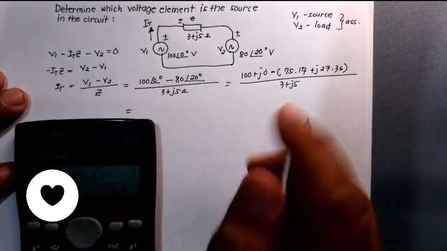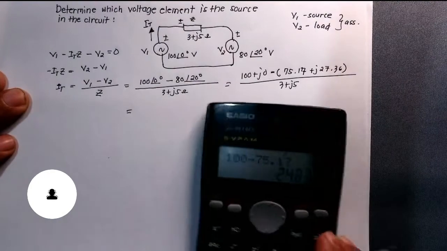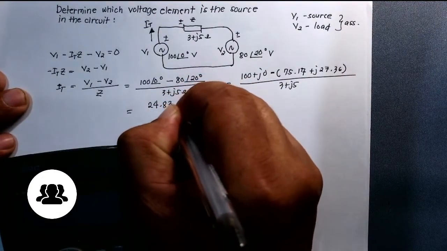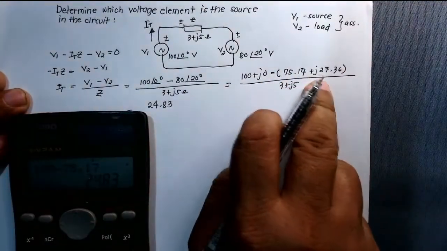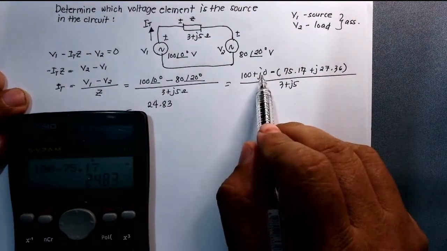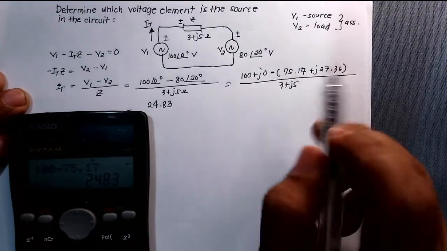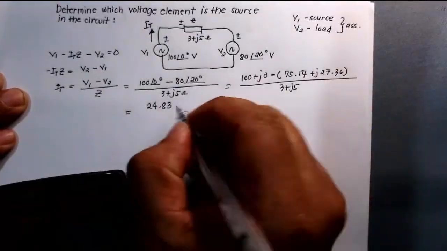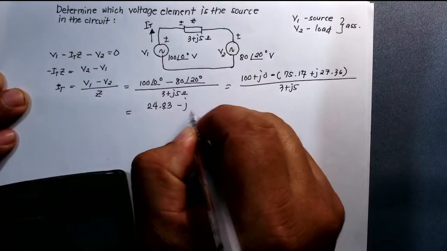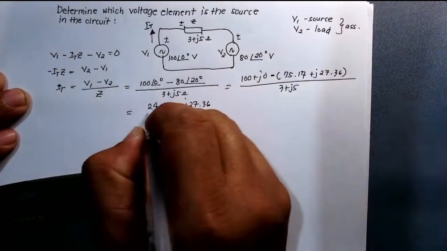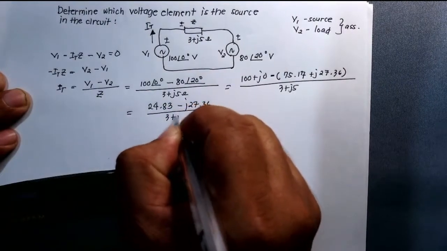So 100 minus 75.17 is 24.83. And the other one is 0 and 27.36, but because of this negative sign, it will become negative. So we'll just copy that one, 27.36. Again, 3 plus J5.